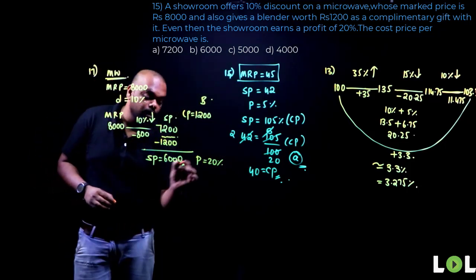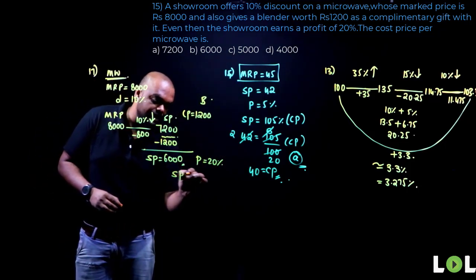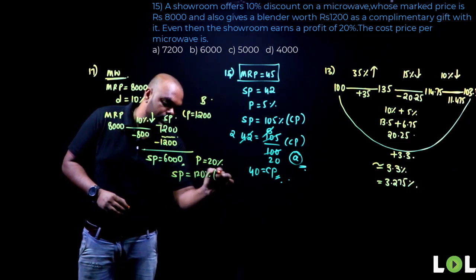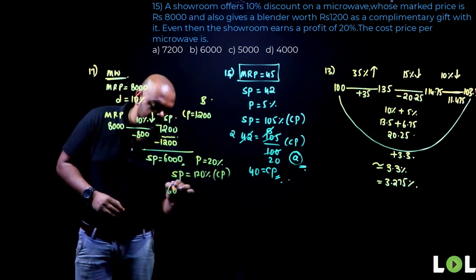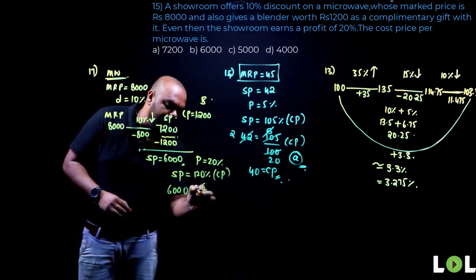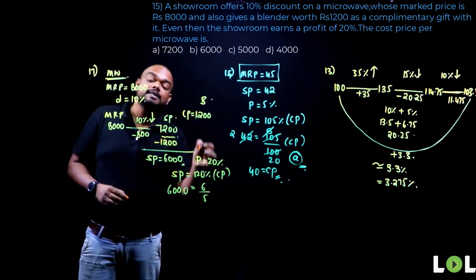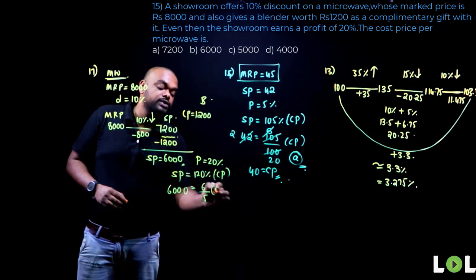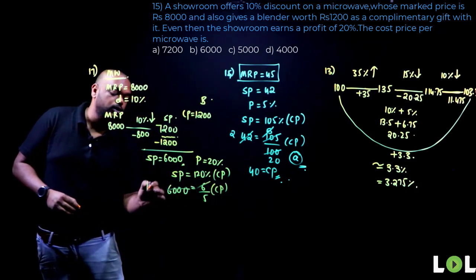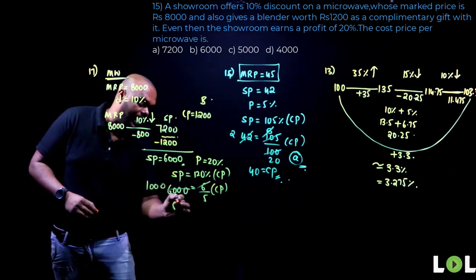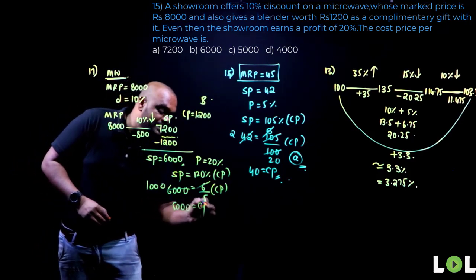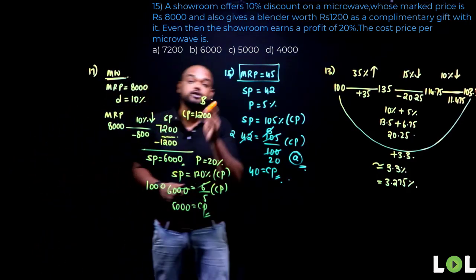What happens here? 20% profit means SP is equal to 120% of cost price. SP is 6,000, equal to 120 by 100, which is 6 by 5, of CP. 6 into 1,000, and 1,000 into 5 will be 5,000 rupees. That must be the cost price of the microwave.